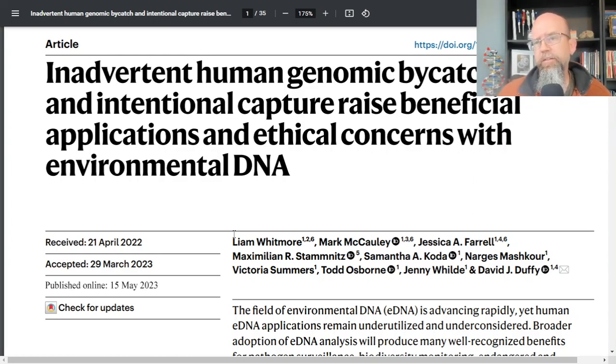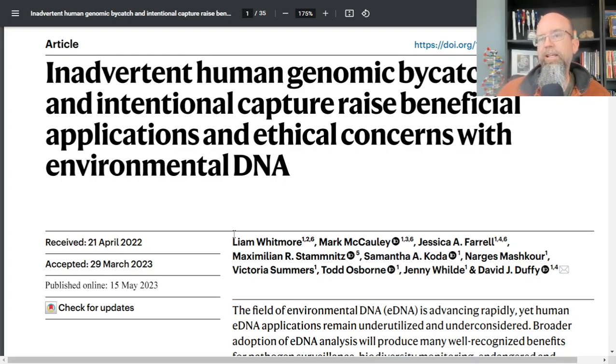Typically 500 base pairs of DNA isn't going to have enough unique signatures to be able to identify you. 500 base pairs is probably enough to identify that this is human DNA in many cases. We have enough specific base pairs of a particular gene that gets sequenced that it would be recognized as a member of the human population versus some other mammalian population.